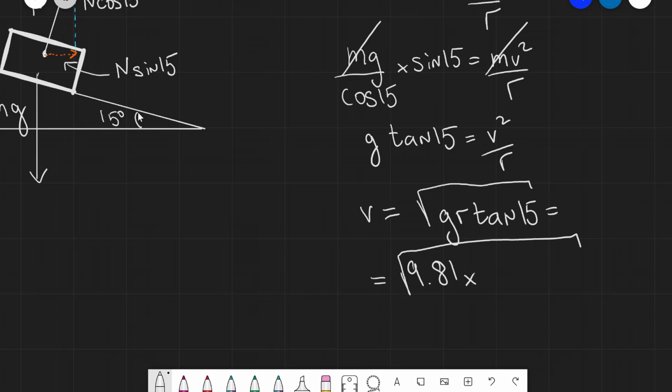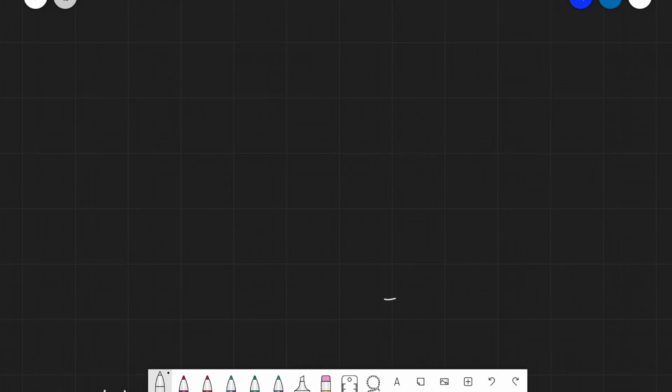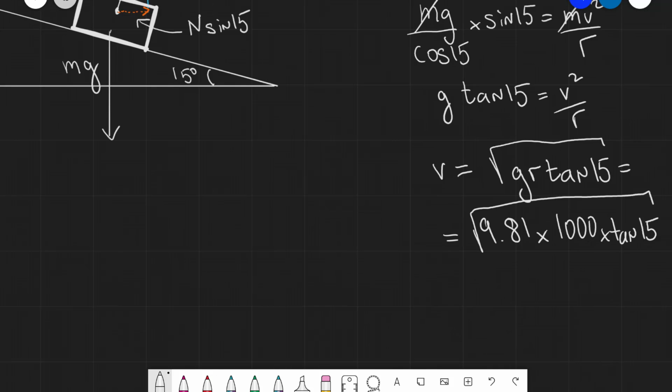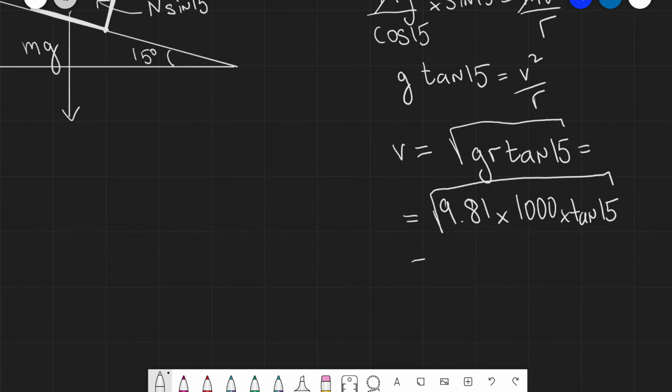The length of the radius of the racetrack was 1 kilometer, so that's 1,000 meters times tan of 15. If we put that into a calculator, we are going to get about 52.3 meters per second.